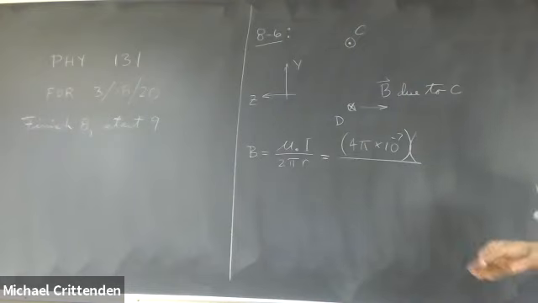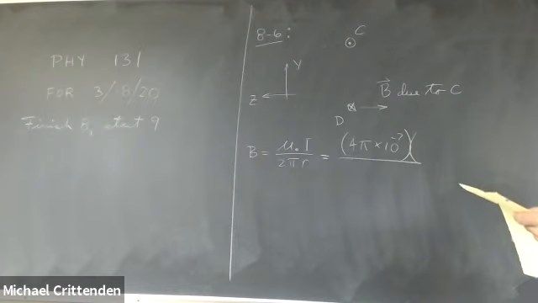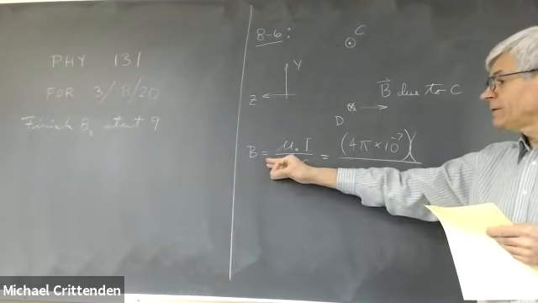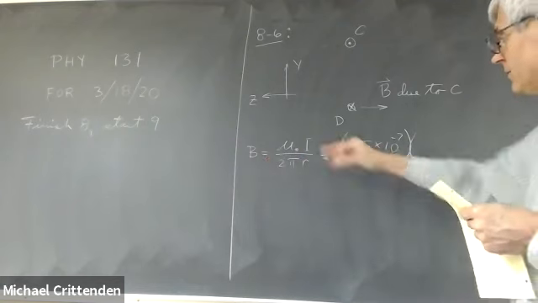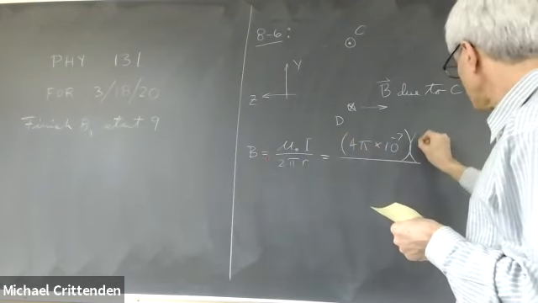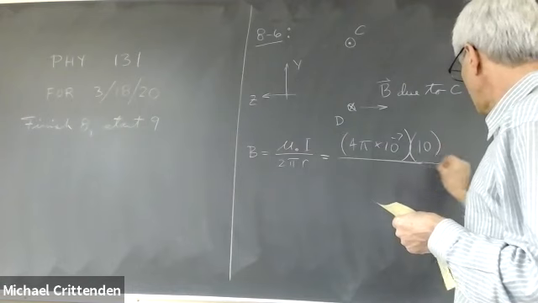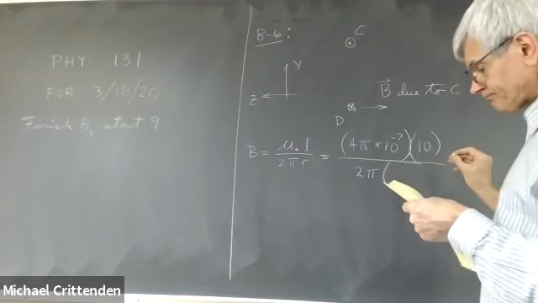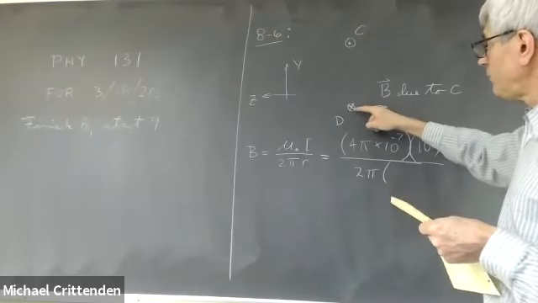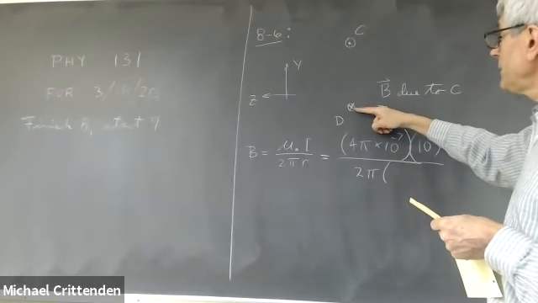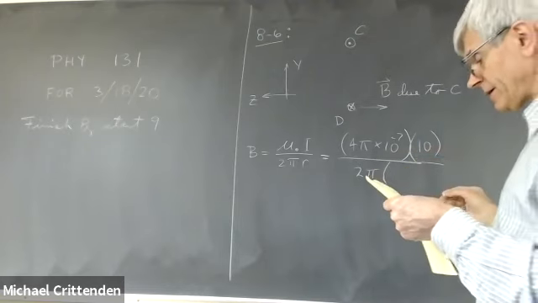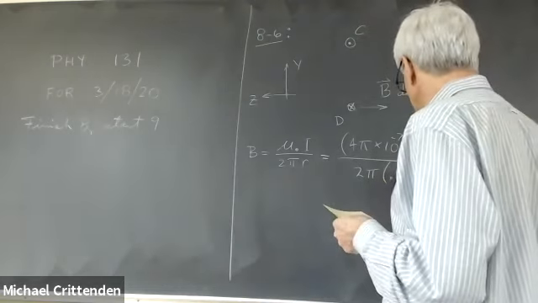If you don't happen to remember, you look up mu naught, and it's that. I is the current in wire C. We're finding the field of wire C, so this current should be the current in wire C, which is 10 amps. And the point where we're finding the field is a centimeter away. The location of the other wire is a centimeter away.